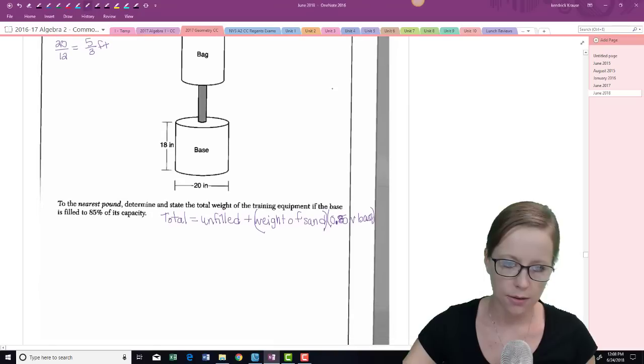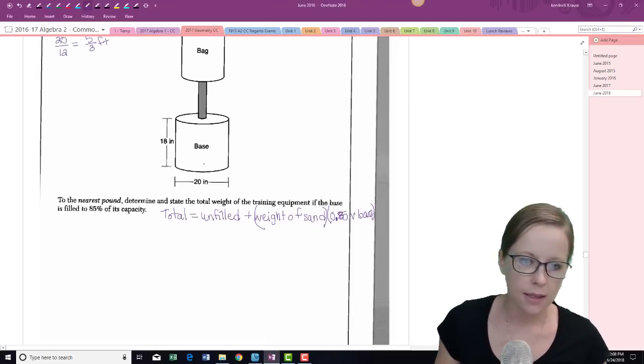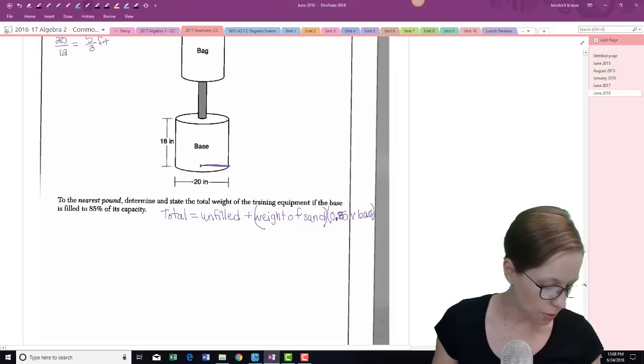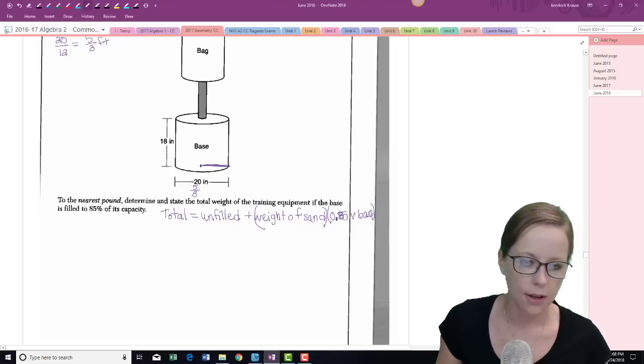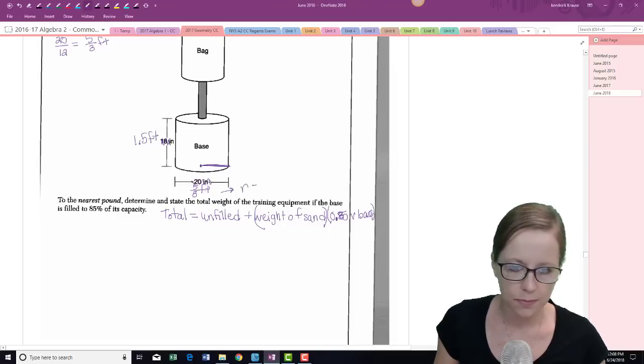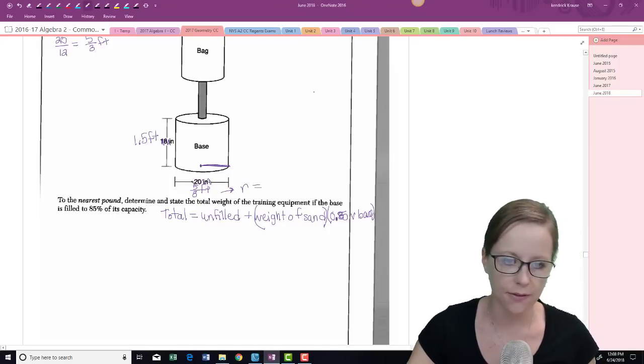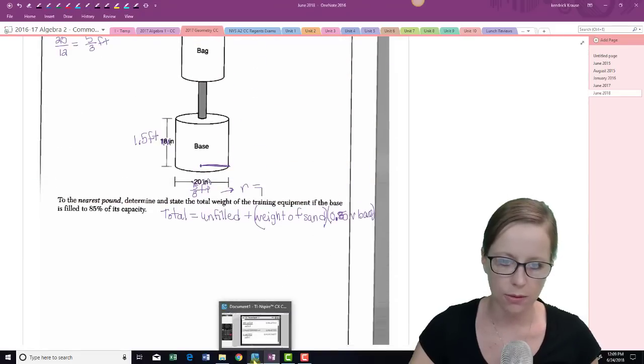So down here, as always, they give us diameter instead of radius. So the radius, if the whole 20 inches is 5/3 feet, and this is 1.5 feet, then that means that the radius is half of 5/3. So I'm just going to show you.